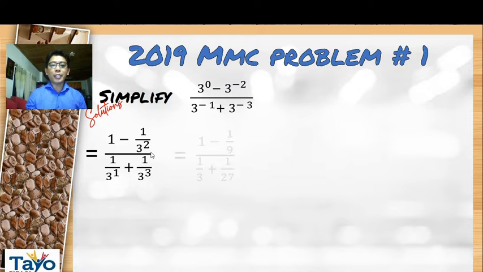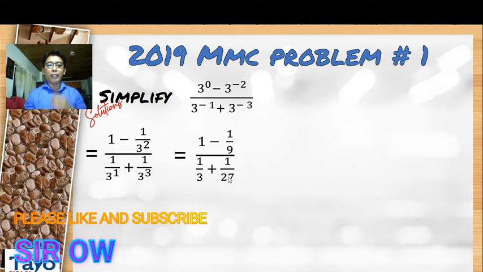Okay. That is equal to, copy 1, minus 1 divided by, yung 3 to the power of 2 is equal to 9, divided by, yung 1 over 3 to the power of 1 is just equal to 1 over 3, plus 1 over 3 to the power of 3 is equal to 1 over 27.